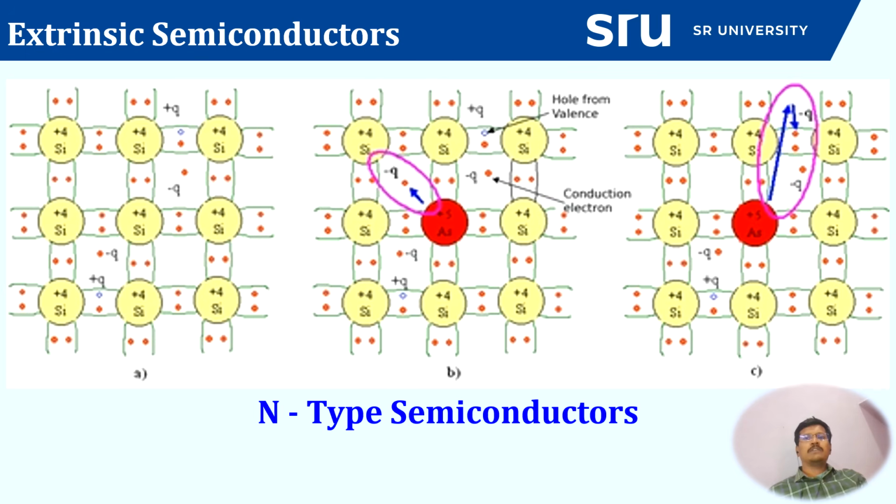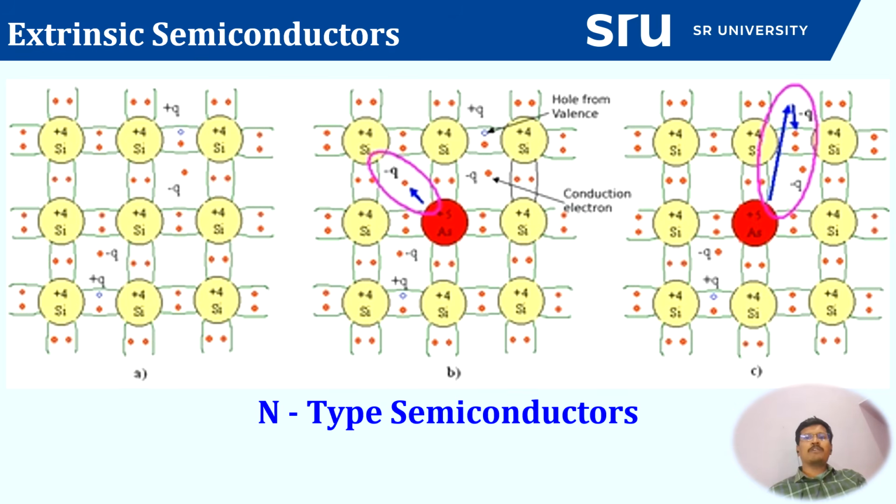When we dope phosphorus into silicon, out of these 5 valence electrons, 4 electrons participate in bonding with the neighboring silicon atoms. However, the 5th electron remains weakly bound.